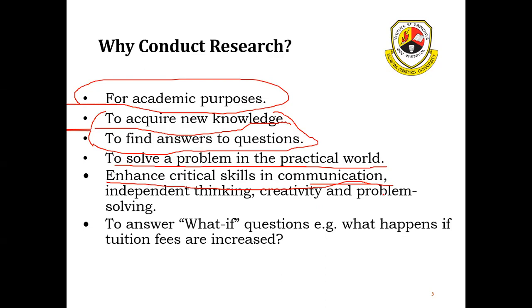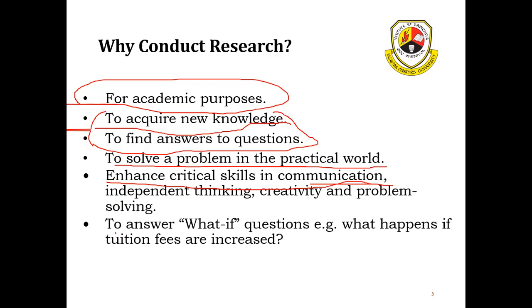And this is key as you write your concept papers, your proposal, and finally your dissertation. That communication is extremely important because it can either make or break you. The minute the reader doesn't understand what you're saying, that's an automatic fail. So that's what research does. Helps you to become an independent thinker, to be creative, to be problem solving.